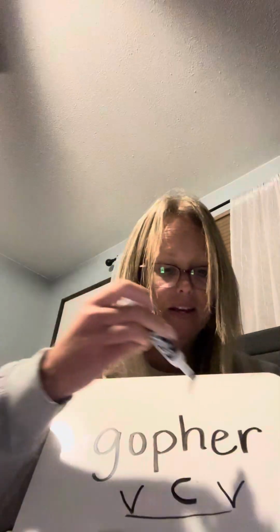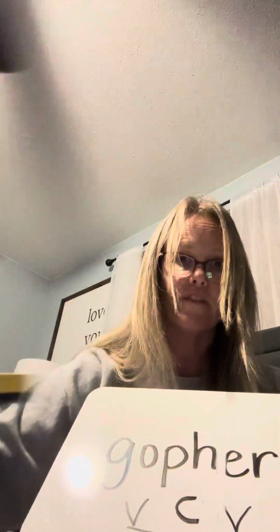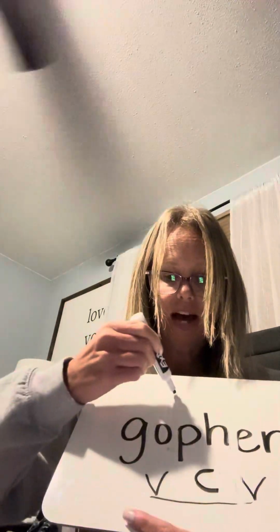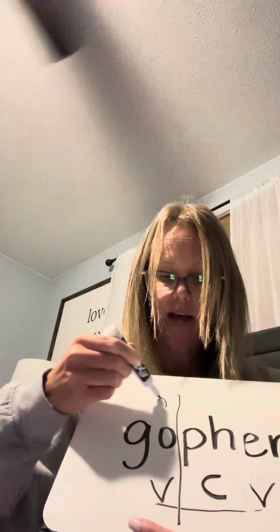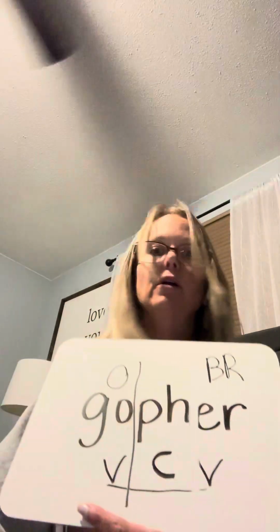I could divide here or I could divide here. If I divide here, golfer. We know that doesn't make sense. I'm not saying golfer like a person who plays golf. But if I divide here, this now makes my O open and it's going to say go, and then I have a bossy R at the end. Now my word becomes gopher, like the little animal.